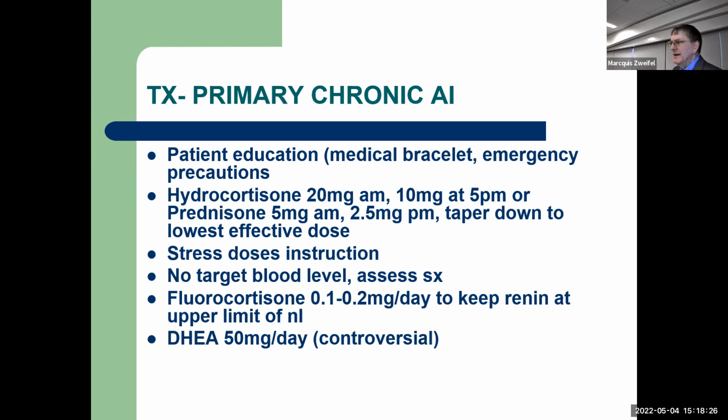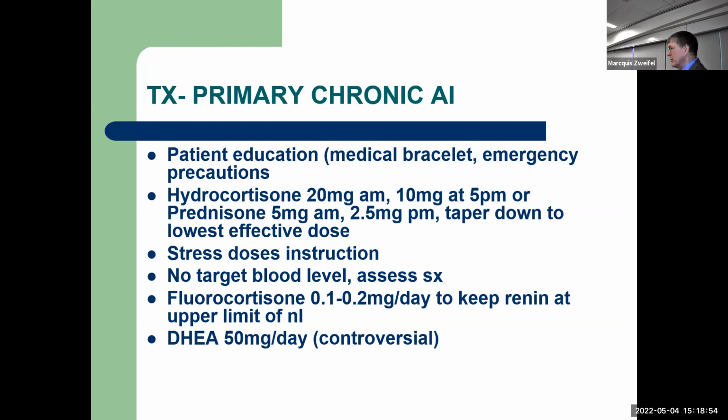Now, some people will collect fluid and become cushingoid on those doses. And so we tend to back off them based on their response. Okay, so somebody may end up on 10 and 5 of the hydrocortisone. And so previously we've told them, if you're stressed and you're sick, double your dose.